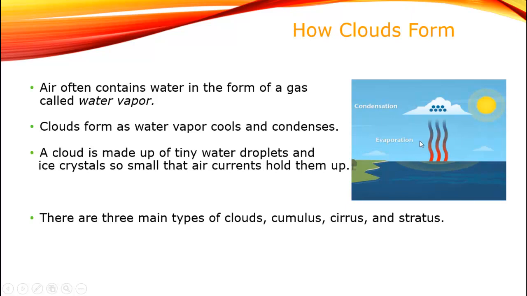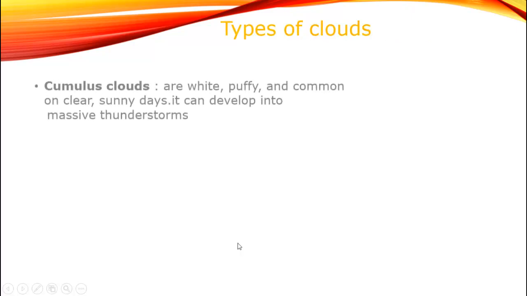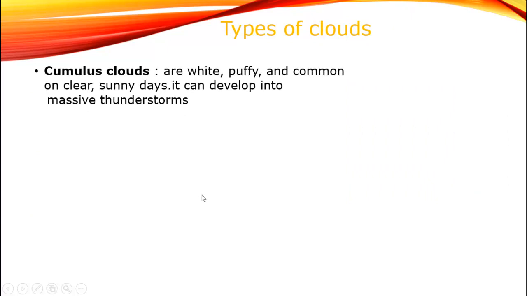The cloud is made of tiny water droplets and ice crystals so small that air currents hold them up. We have three main types of cloud: cumulus cloud, cirrus cloud, and stratus cloud. The first type, cumulus cloud.